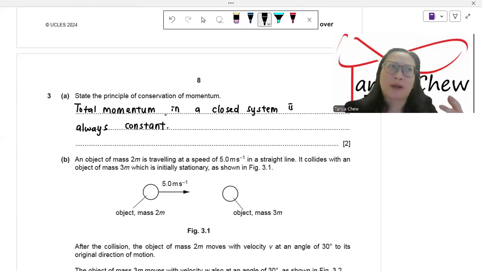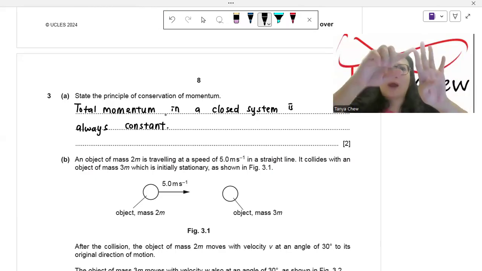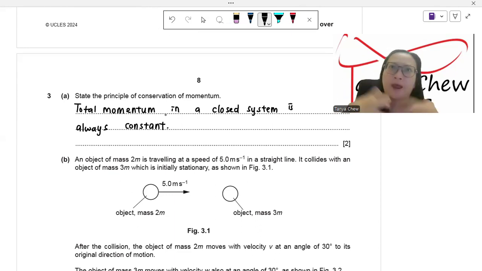Whenever something is moving, like when I am running or walking, I still experience frictional force between my shoes and the surface of the ground, or air resistance. When I'm running, the air resistance is more significant.